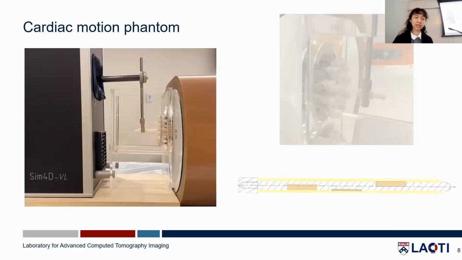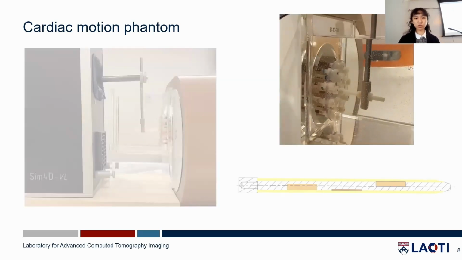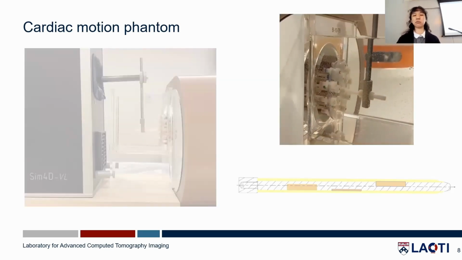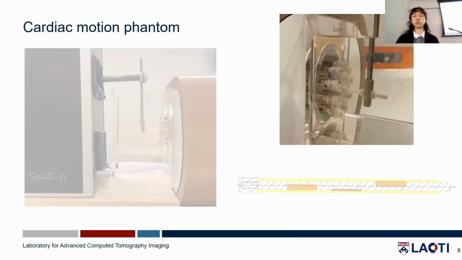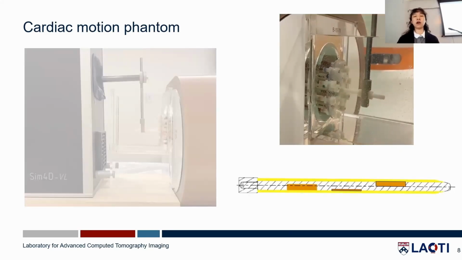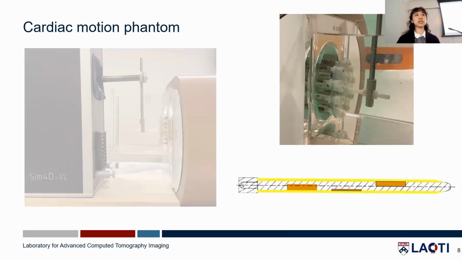To do this, we have a cardiac motion phantom with a simulator connected to a bunch of rods. These rods move with the previously published Achenbach motion, and each rod represents a coronary artery with different extents of stenosis and different material plaques, as represented by the orange boxes.